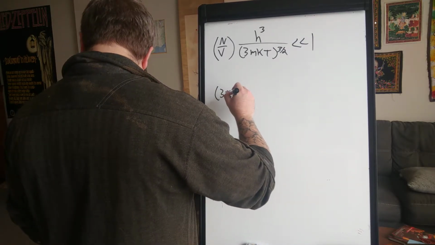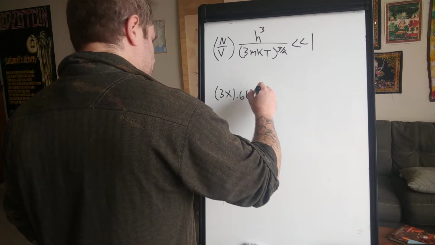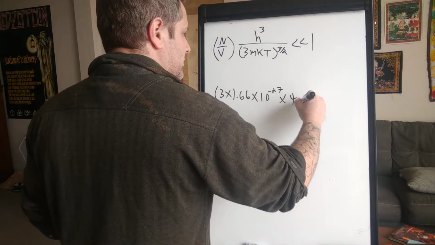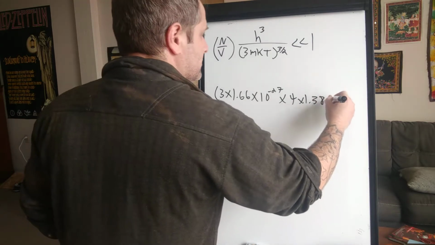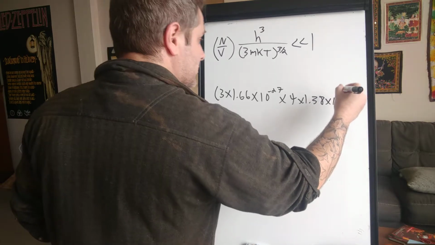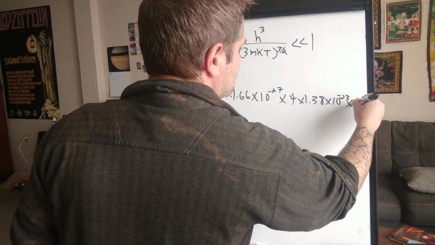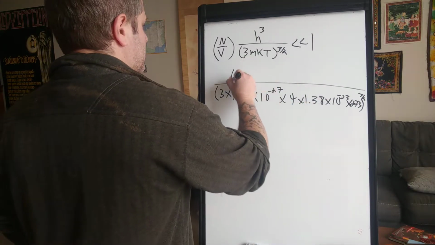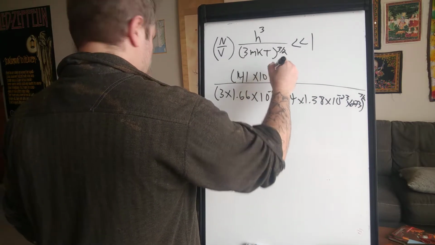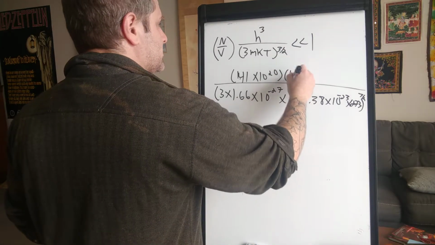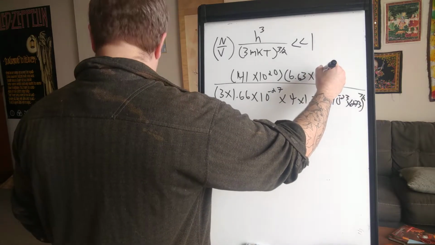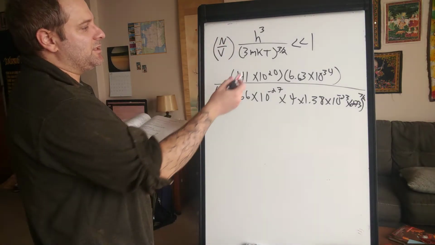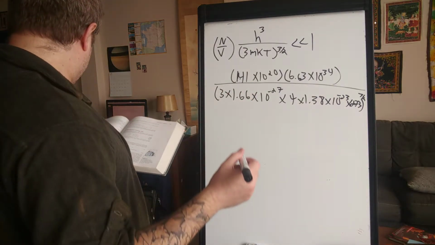So 3 times... Okay, this n over V is given in the previous step of the example, and that's this number here, 1.41 times 10 to the 20th.